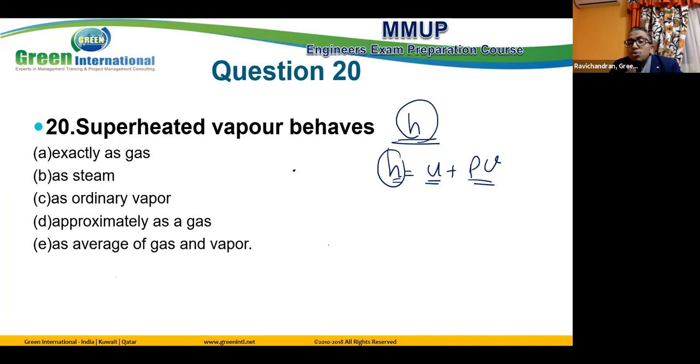So the only way to solve this is to use superheated vapor behaving approximately as a gas. In this case it's not exactly correct, but this is the only way to solve.